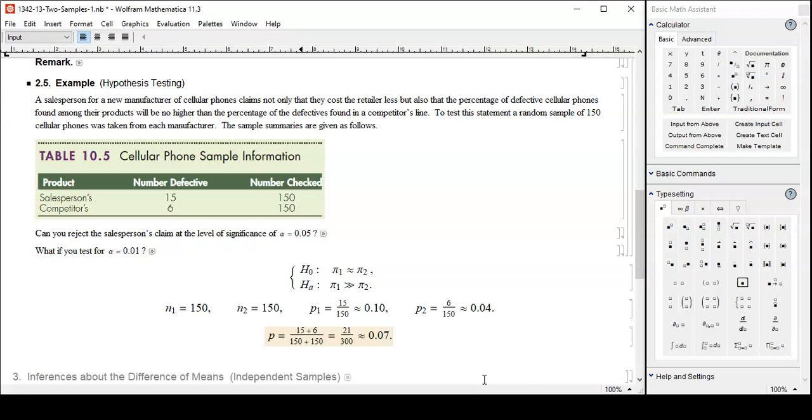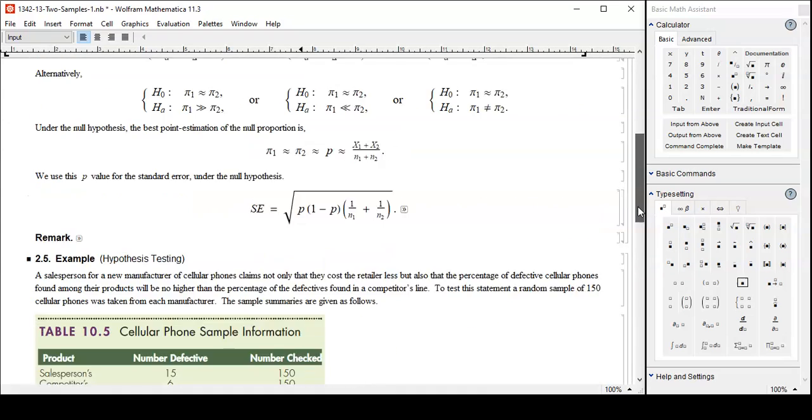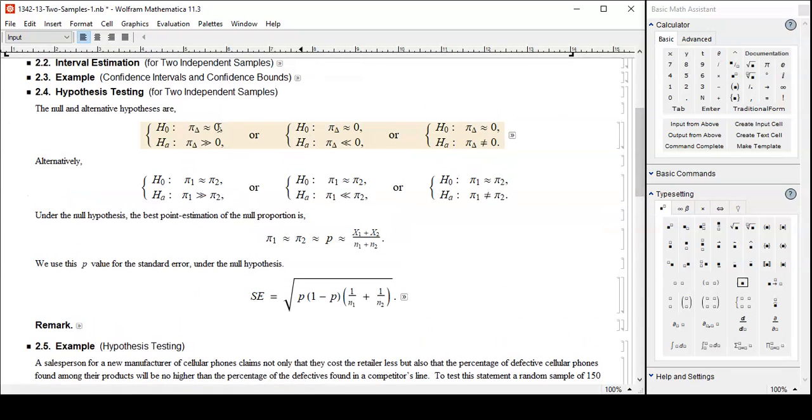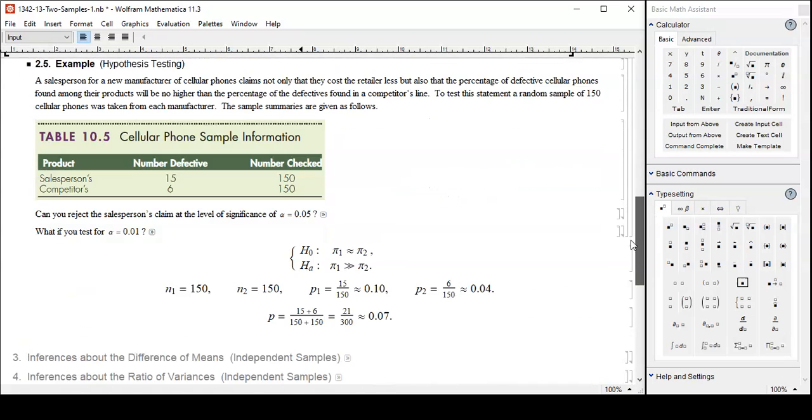Now, if you want to compare the difference, the parameter difference is pi delta, and the sample statistic will be p delta.